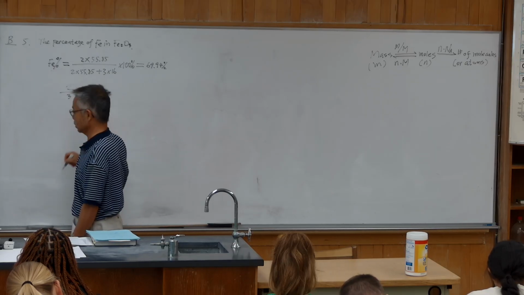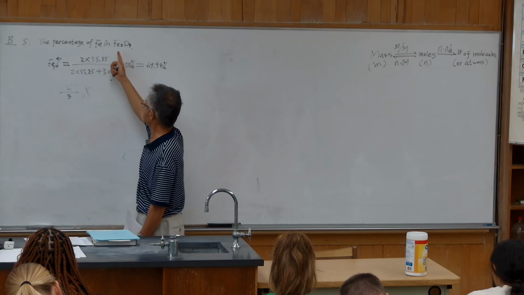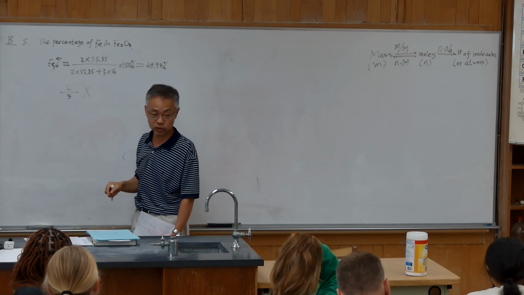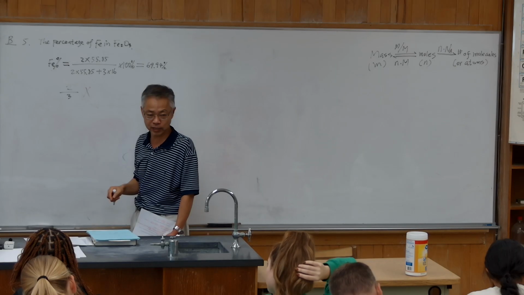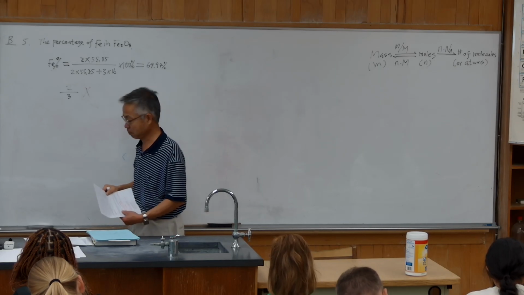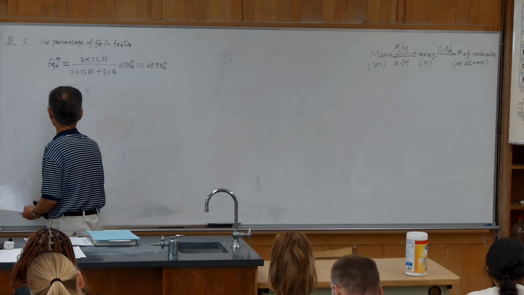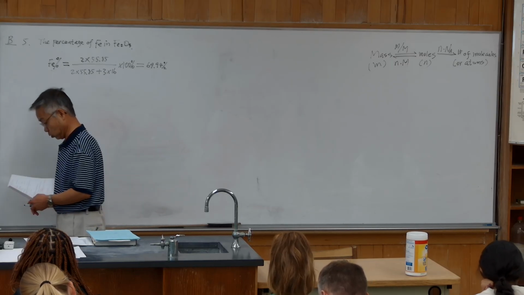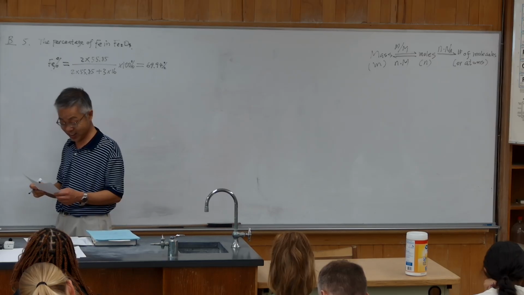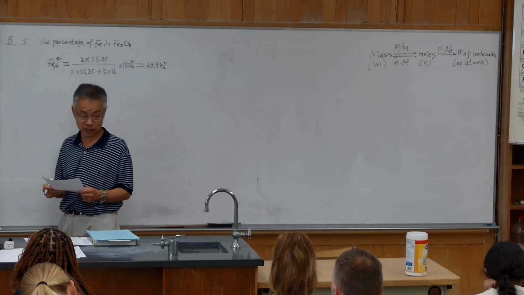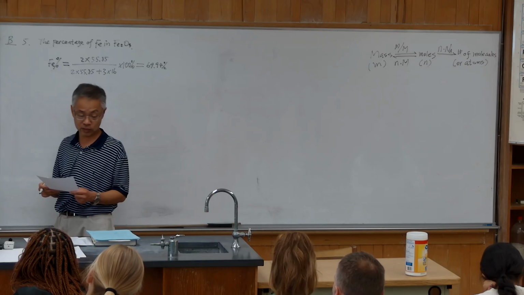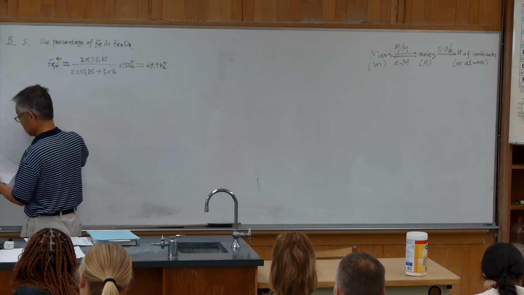It cannot be so easy. That is an atom ratio, not the percent composition. More than one student chose A, 66.67. This means you didn't listen in class. We had this example in the class.